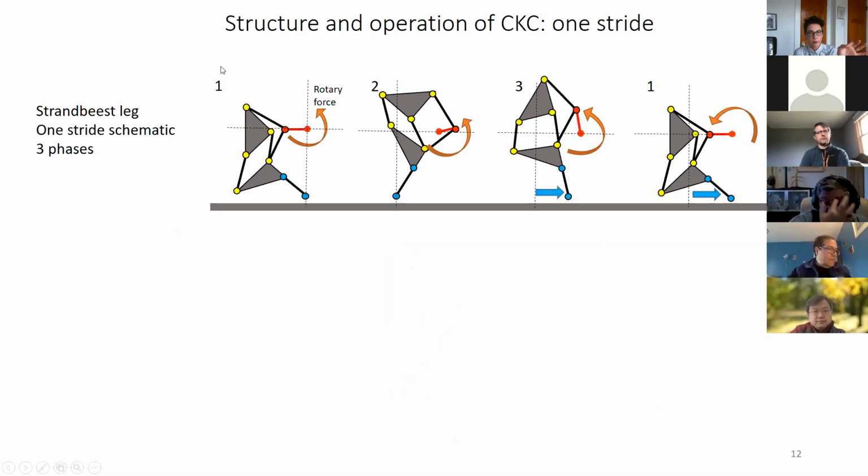Now, let's split the cycle, one stride of the Strandbeest, into individual phases. So here we apply a rotary movement to the actuator, and that displaces the entire assembly of the leg, its center of mass, forward and upwards. In this process, the top tetragon opens up and the triangles displace bodily.